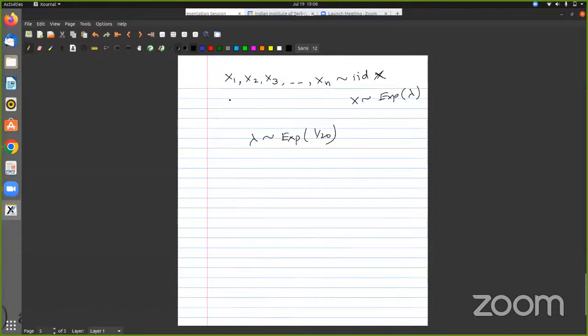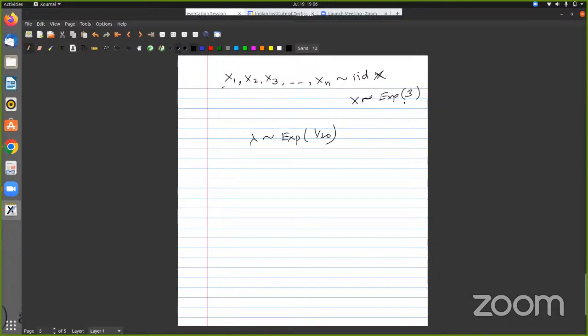So actually this lambda is not constant, right? Previously, in multiple random variables, you saw an exponential with a fixed parameter, like exponential 3. That means whatever samples you draw from the population vary as per this distribution.